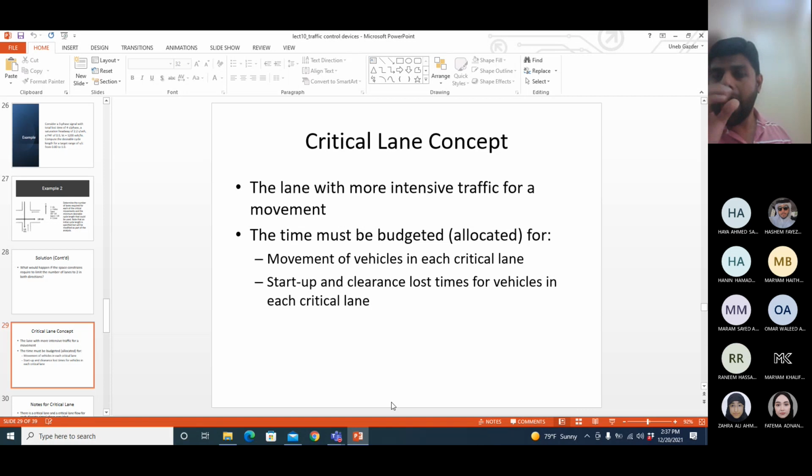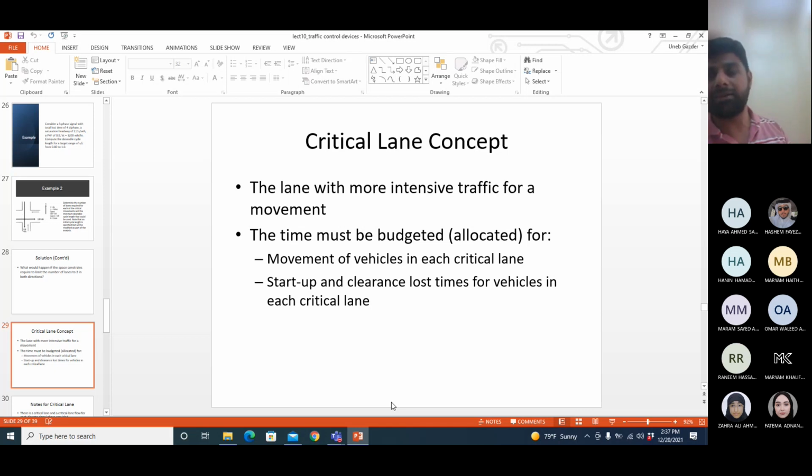Out of these 80 seconds, how much should be given for each phase, for each movement? That will again depend upon the volume in the critical lane. For example, one direction has a critical lane with 500 vehicles volume.